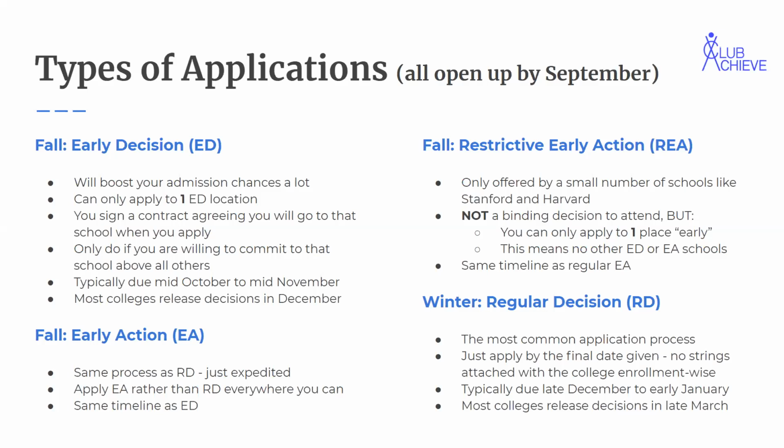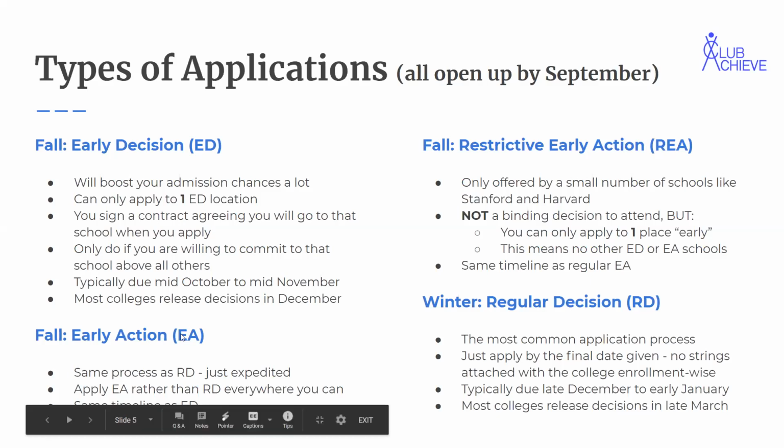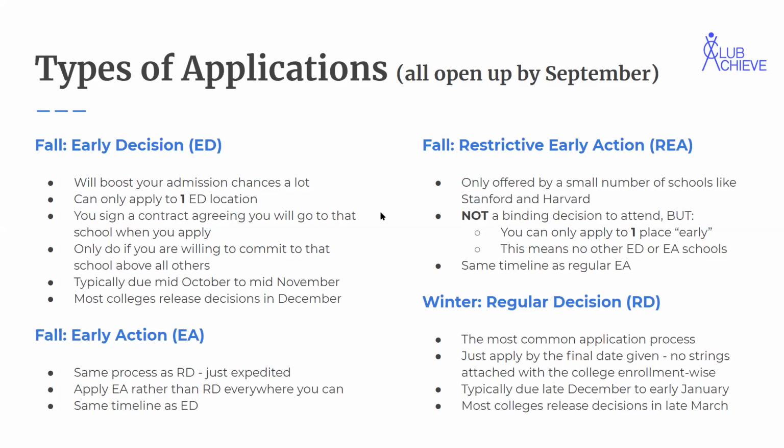And I definitely recommend applying EA to any colleges that offer it because it's not restrictive. You can apply to as many colleges as you want early action, unless of course you did a restrictive early action. And it's also going to give you that fast response about whether or not you got in around December. So it gives you more time to think about all of your options, and it may or may not give you a very slight boost in even getting accepted.